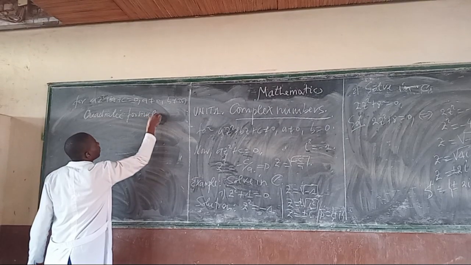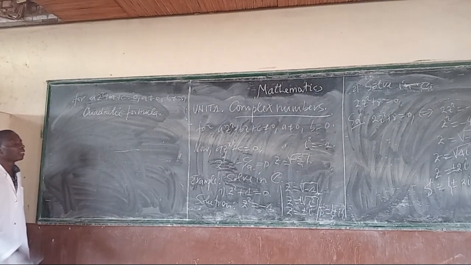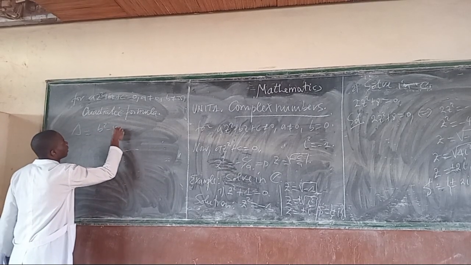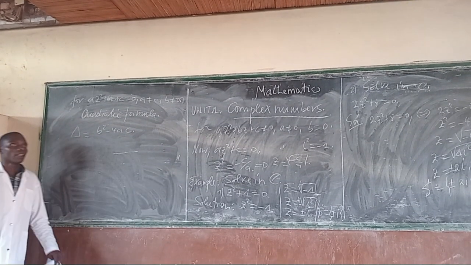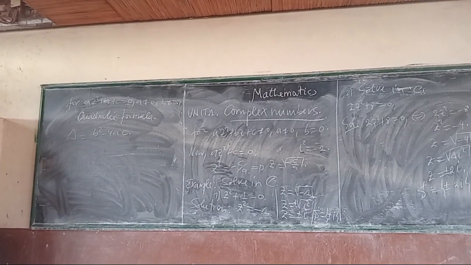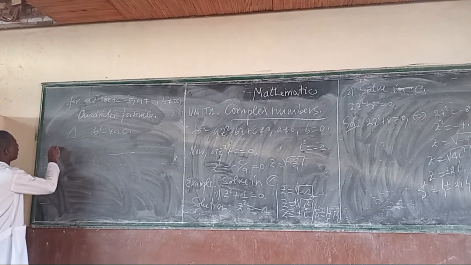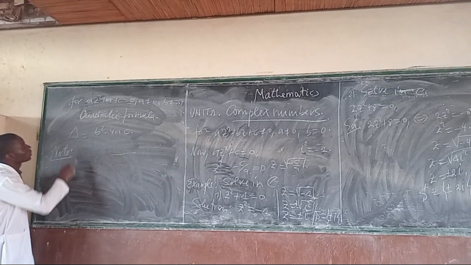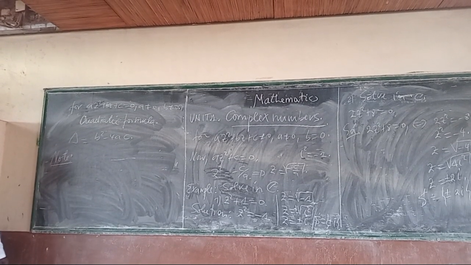And for the quadratic formula, you normally know that the determinant is written as b squared minus 4ac. When we are solving this kind of equation, we have to take note when we find this determinant.